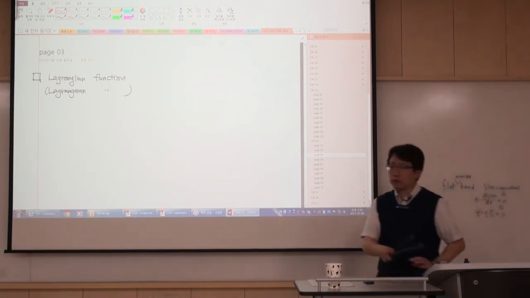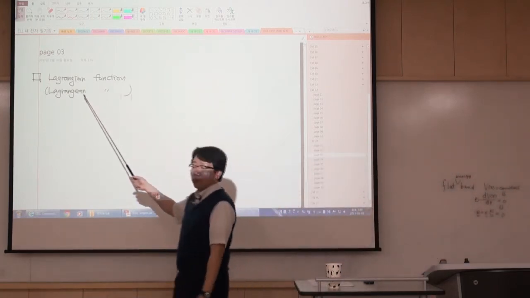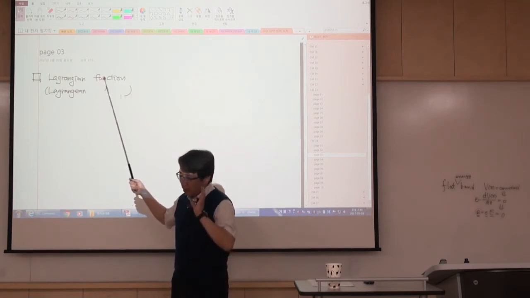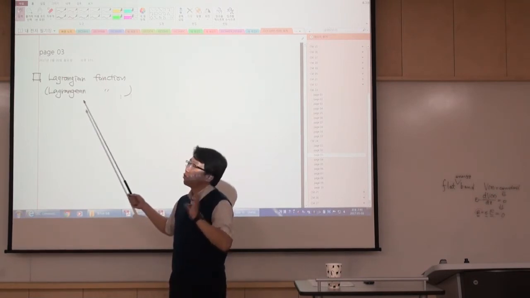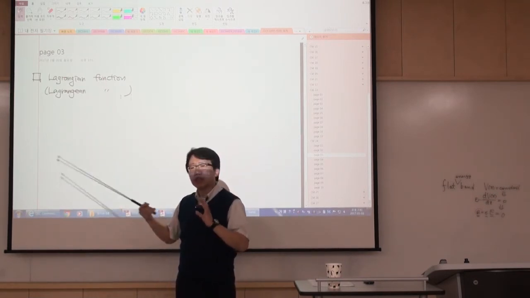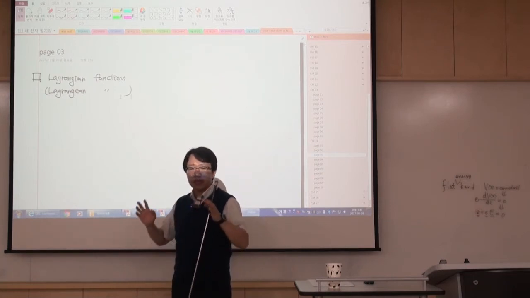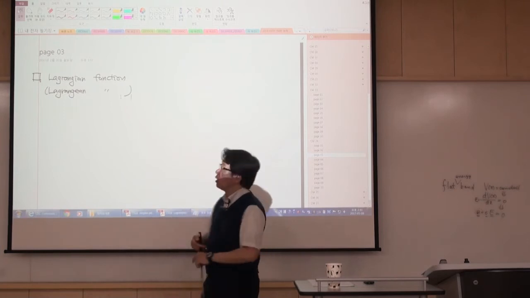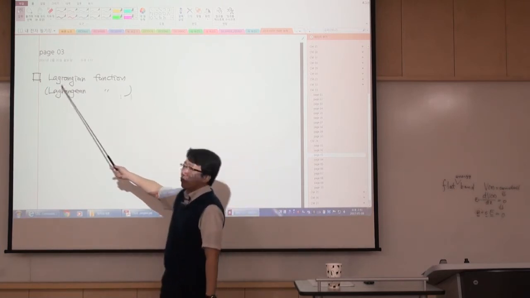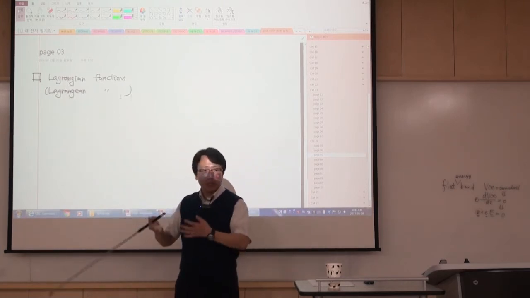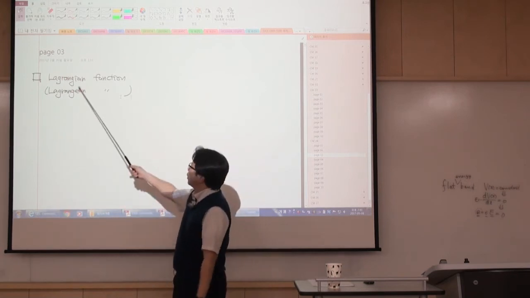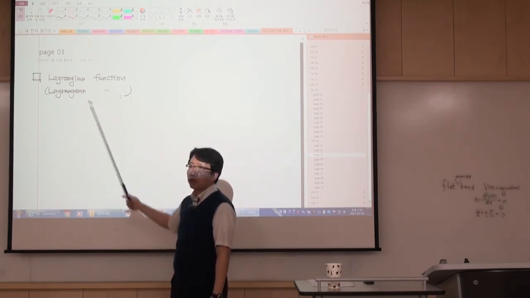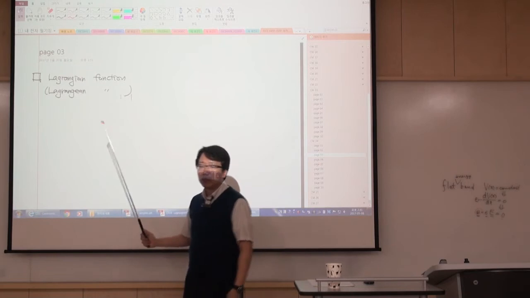As you know, Lagrange was an astronomer, and in today's terms, he is a mathematician or physicist. But anyway, this is related to Lagrange's invention. So we call the function we are going to show a Lagrangian function.